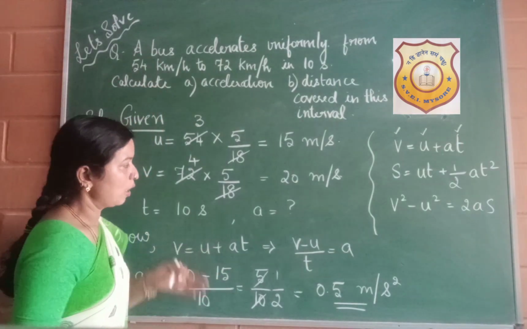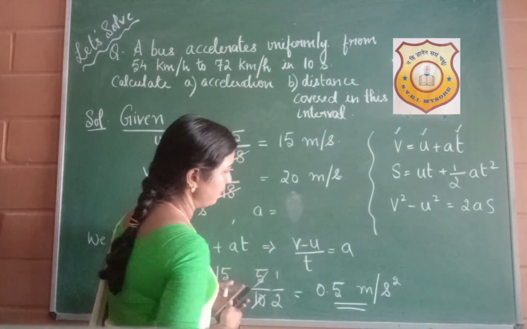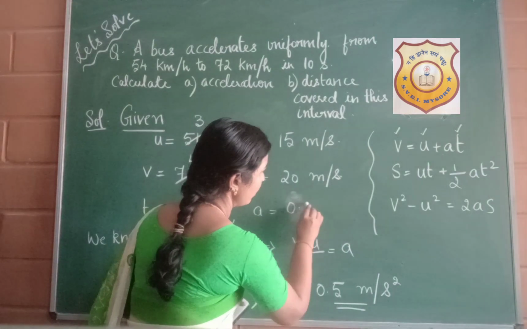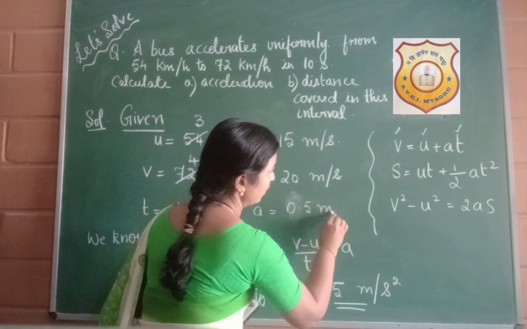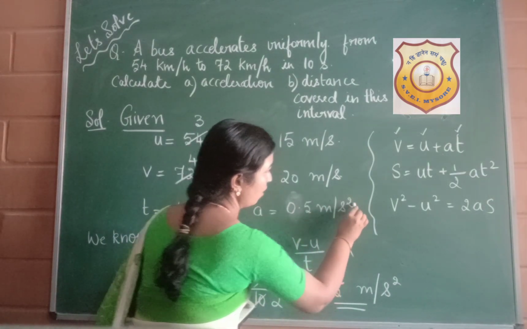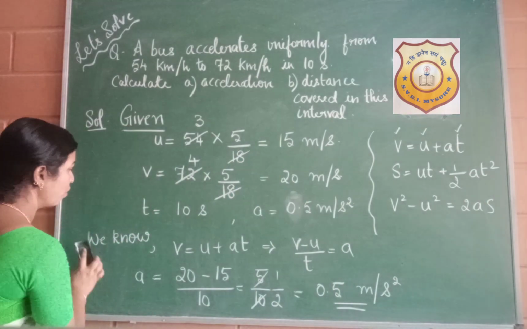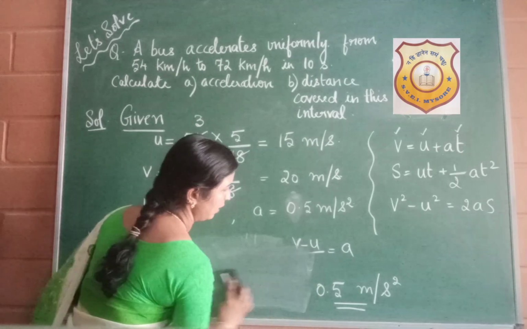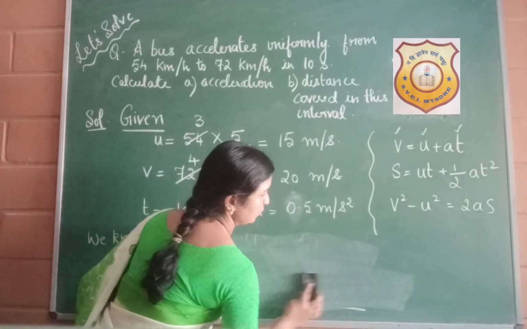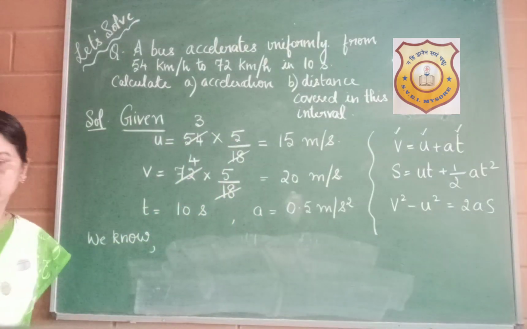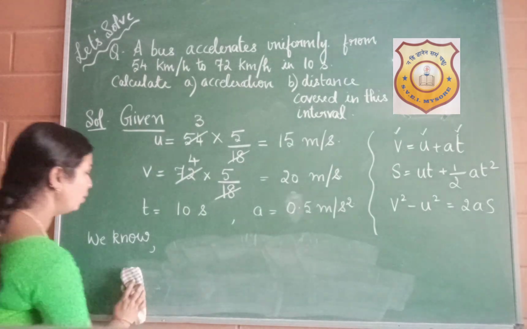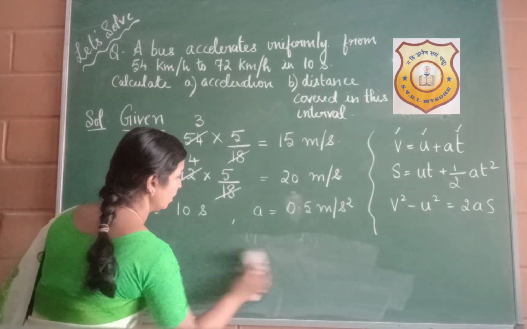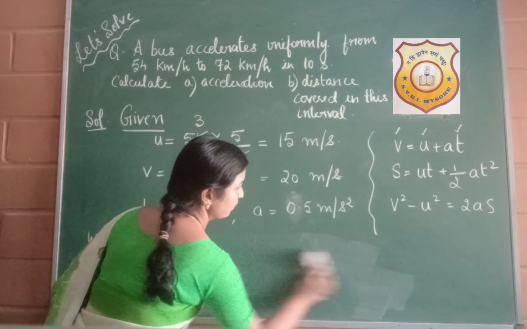Alright, now I will write a as 0.5 meter per second square. Alright, now we have something more to do. We also have to calculate the distance. So in case we are calculating the distance, then we have to use the second or the third equation, right?